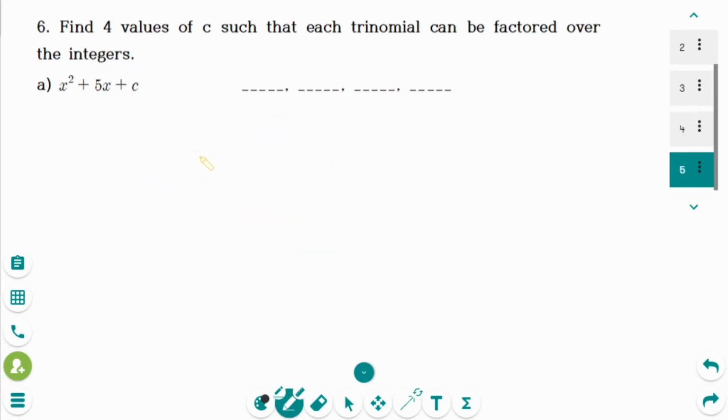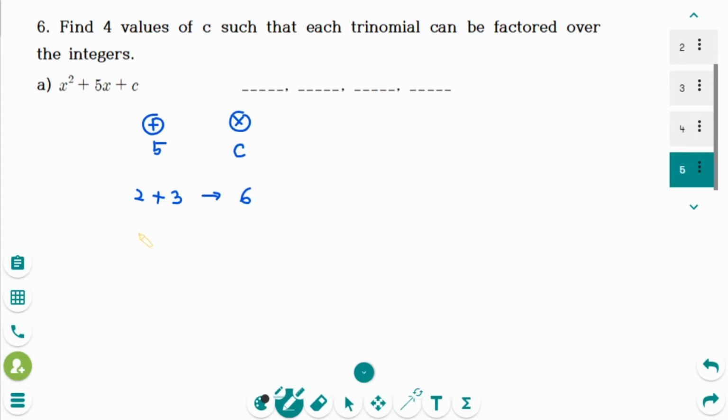This is the next question. Find 4 values of C such that each trinomial can be factored over the integers. Number A. Find the two integers with a sum of 5 and a product of C. Since many pairs of integers have a sum of 5, answers may vary. If two numbers that make up 5 are 2 and 3, then the product is 6.